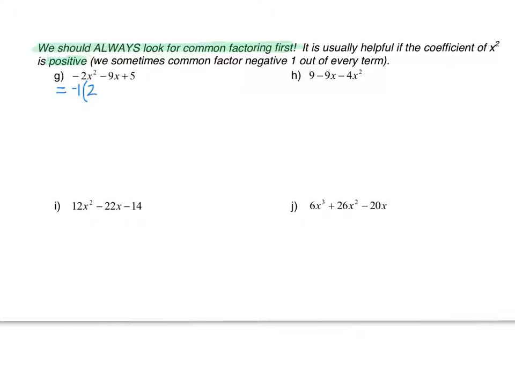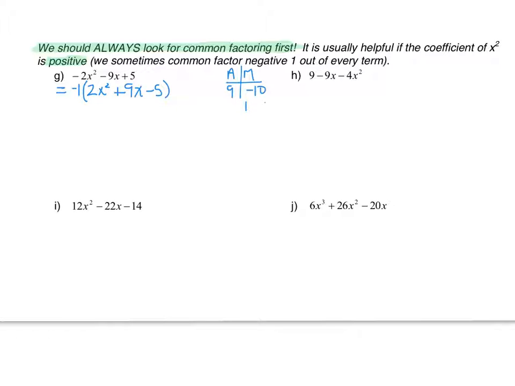That's going to leave me with a positive 2x squared. That becomes a plus 9x and a minus 5. All right, and now I'm going to treat it just like a question before, but just working with what's inside the brackets. So I'm adding to positive 9, and I'm going to multiply to negative 10. So the two numbers have to have opposite signs. The bigger one's the positive.